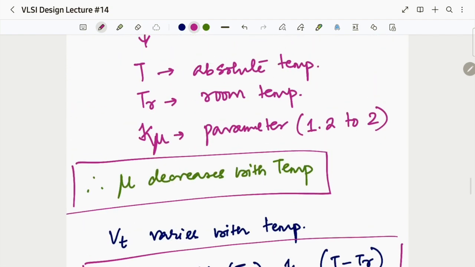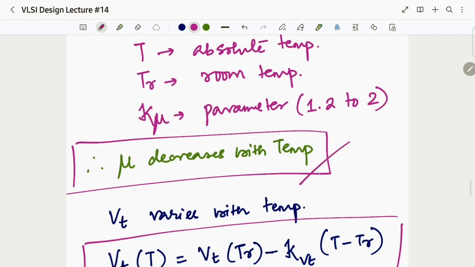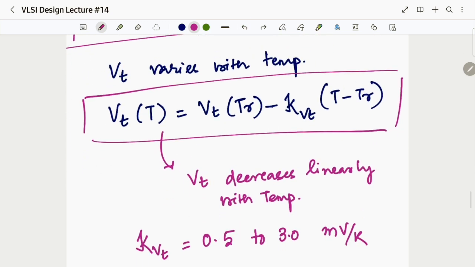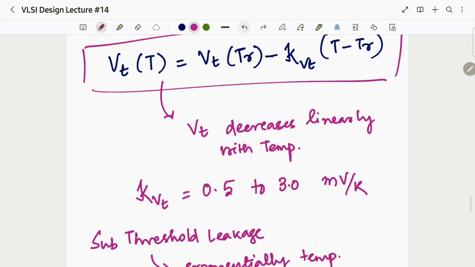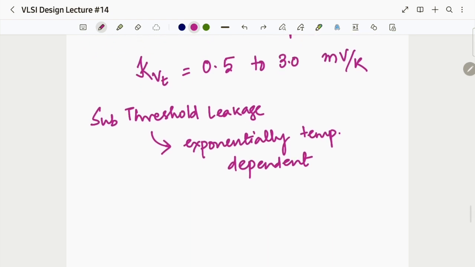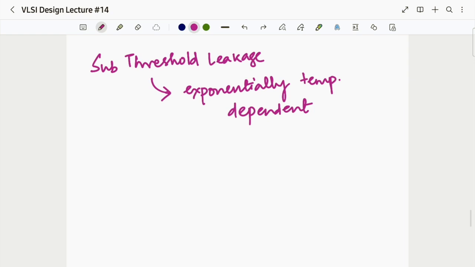So mobility, we saw, decreases with increase in temperature. Threshold voltage decreases linearly with temperature, and the sub-threshold leakage is exponentially temperature dependent.